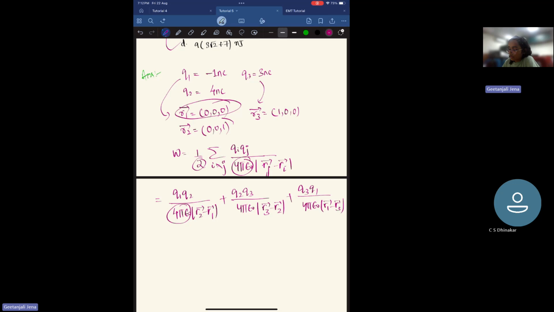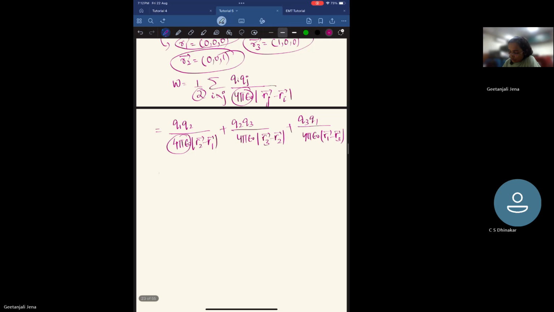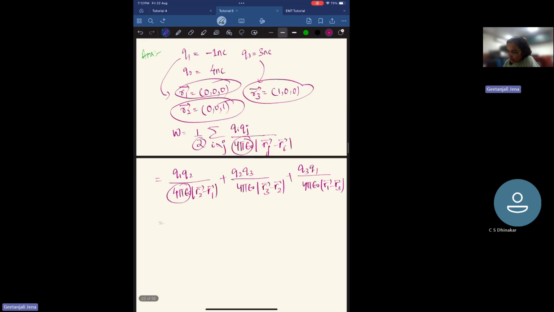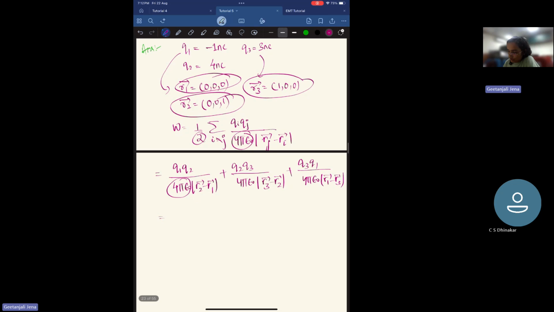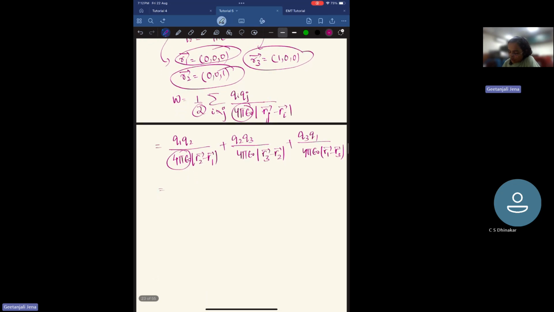One is at the origin, one is on the Z-axis, one is on the X-axis. So just put in the values. Q1 is minus 1 nanocoulomb, Q2 is 4 nanocoulomb. So we'll get minus 4 nanocoulomb square over 4 pi epsilon naught. R2 minus R1 will give 1.